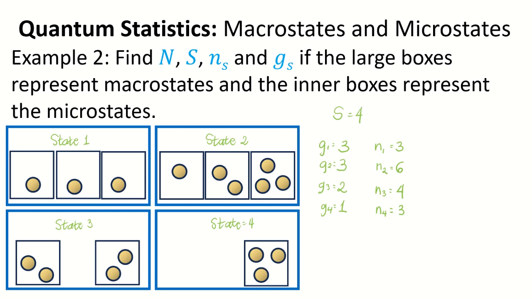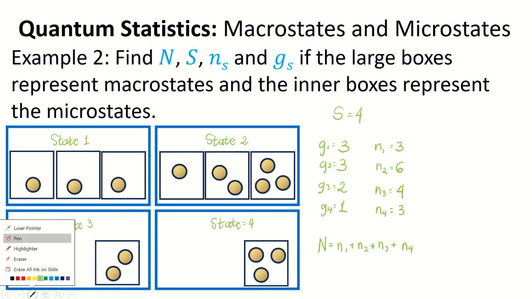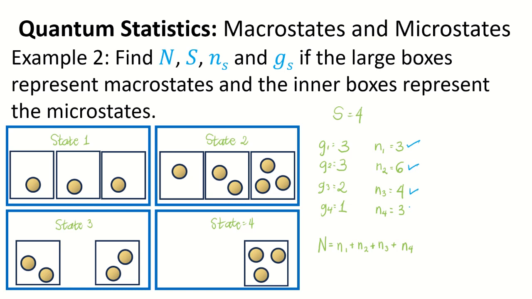Now, calculating the total number of particles for all of the states, capital N is equal to n sub 1 plus n sub 2 plus n sub 3 plus n sub 4. Remember, we already have those numbers shown here. So we just need to write that down.